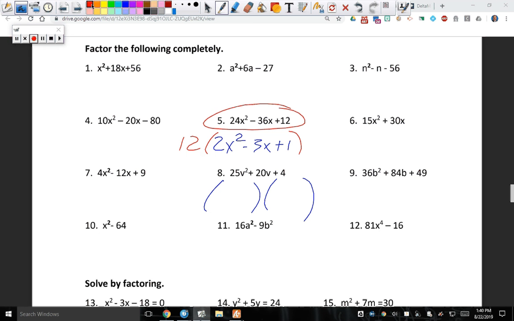The 12 is still out. And now I have something different. What should they be? 2x and x. All right, as we keep going, 2x squared will split up to 2x and x.